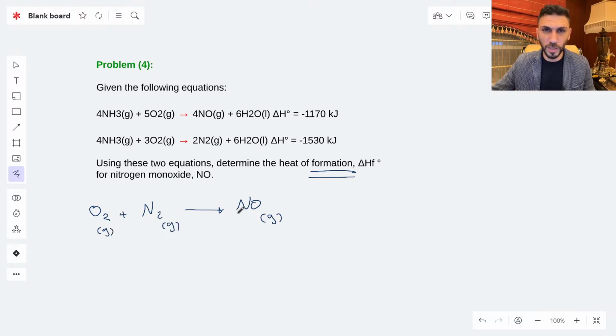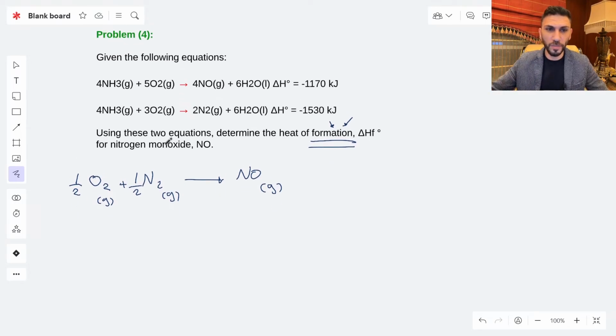So 1 mole of NO, from the oxygen element and the nitrogen element, both gases. To balance this equation, we can multiply this one by 2. But then it will become 2 moles, not 1 mole. And for the heat of formation, we need 1 mole of the compound at its standard state. So I'm going to multiply this one by half and this one by half.